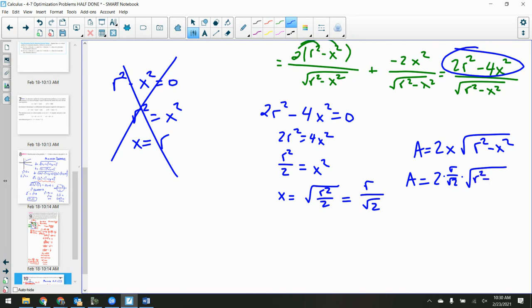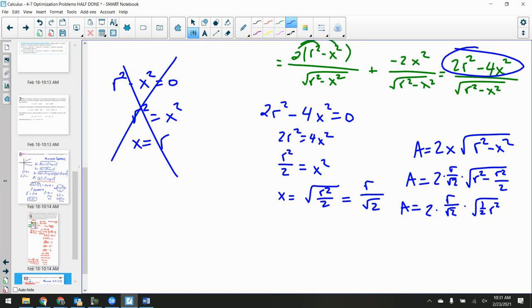Well, r squared minus, and then if I square this, that would be r squared over 2. Actually, I don't even need common denominators. Those are like terms. 2 times r over radical 2 times, look, I've got 1r squared minus a half r squared. So 1 minus 1/2 is 1/2 r squared.